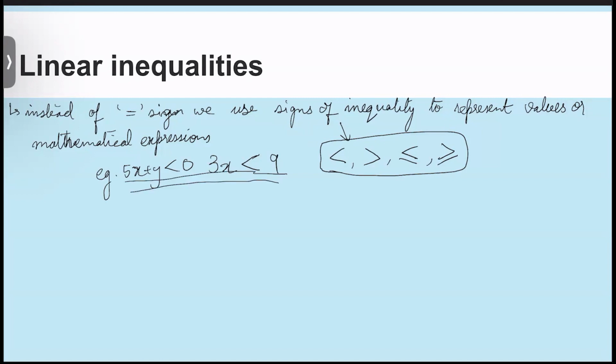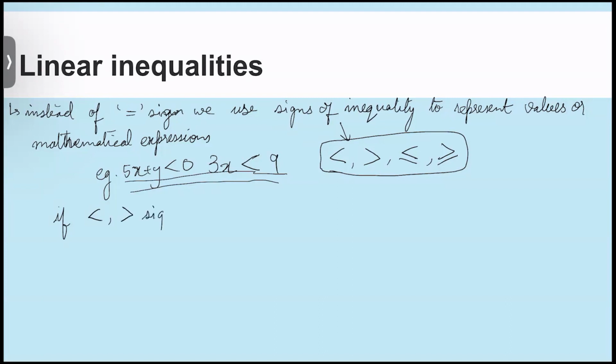Then we saw that if less than or greater than signs are used, the linear inequalities can be categorized as strict inequalities. Strict as in there is a very hard and fast limit. In the example we've used, the value of 3x has to be less than 9.